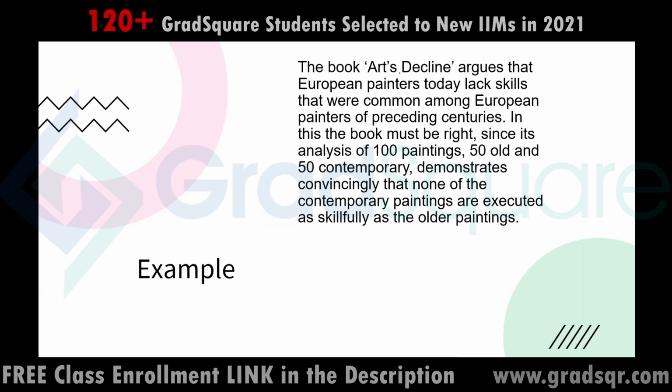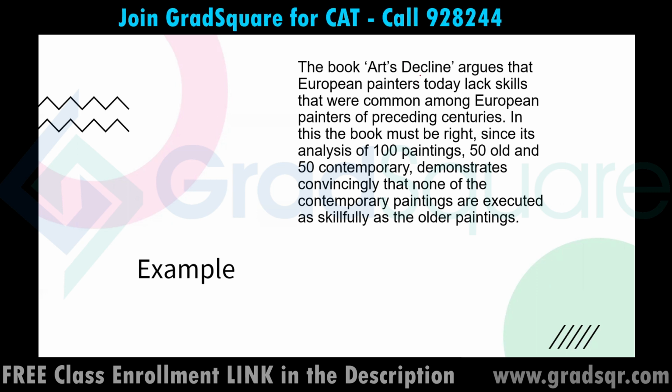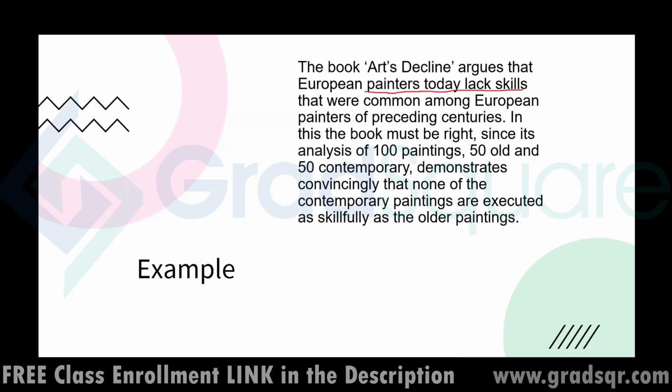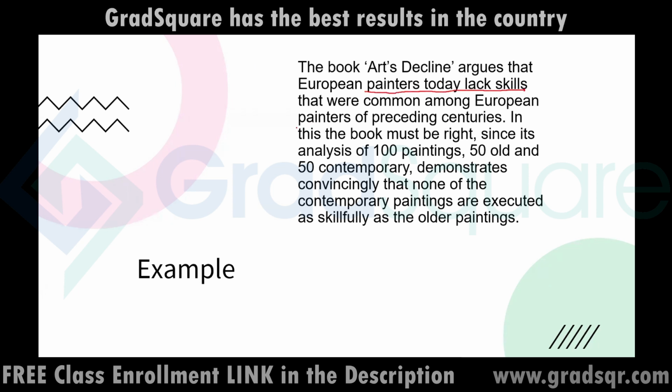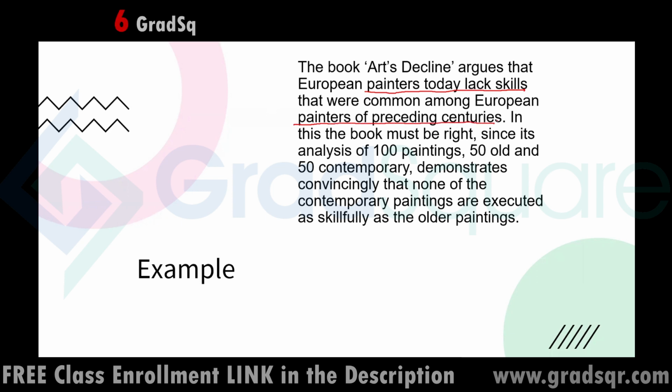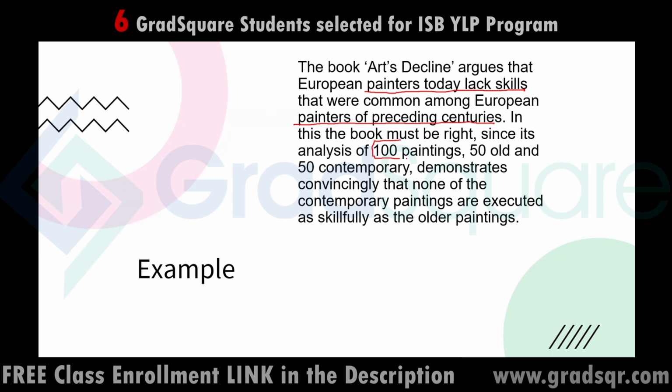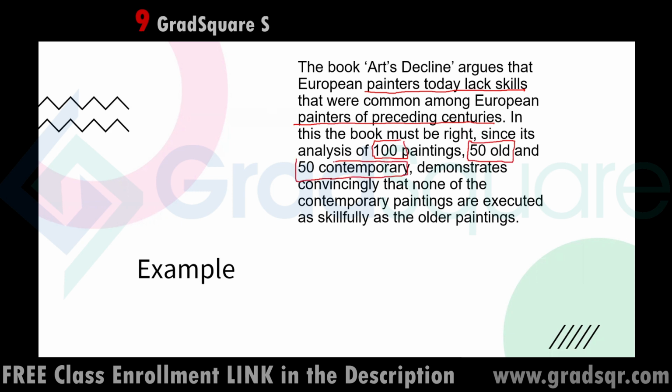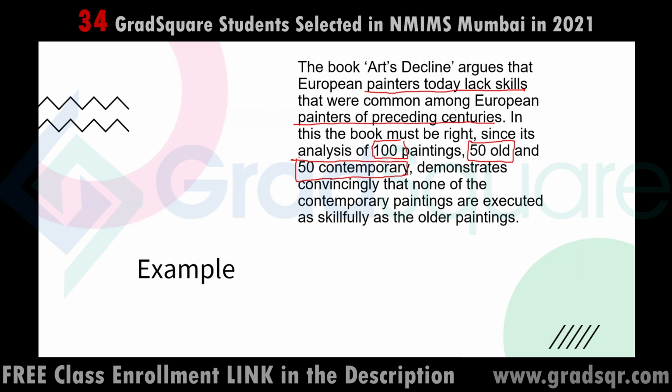So the conclusion is that of the book called Art's Decline, which is saying that today's painters lack skills and painters of preceding centuries had more skills. Right? And to come up with this conclusion, it took a sample of 100 paintings, 50 old and 50 contemporary or 50 new. And then looking at these paintings, it came up with a conclusion that yes, today's painters lack skills which were present in painters of the older generation.